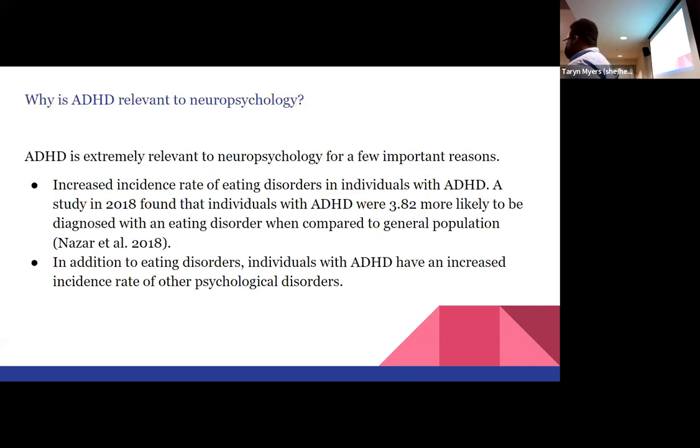So why is ADHD relevant to neuropsychology? ADHD is extremely relevant to neuropsychology. There is an increase in severity of eating disorders in individuals with ADHD. A study in 2018 found that individuals with ADHD are 3.82 times more likely to have an eating disorder compared to those without. In addition to eating disorders, individuals with ADHD have an increased incidence rate of other psychological disorders.